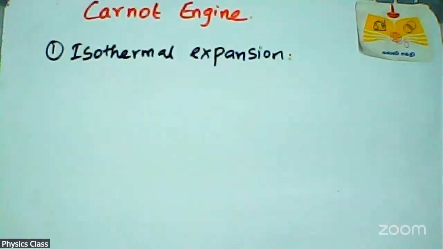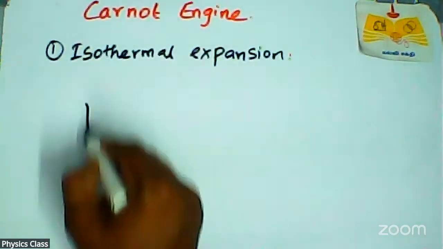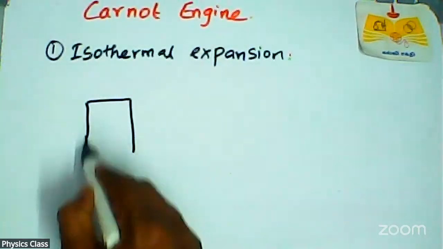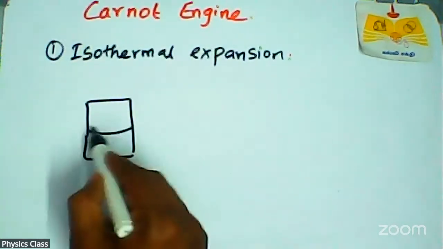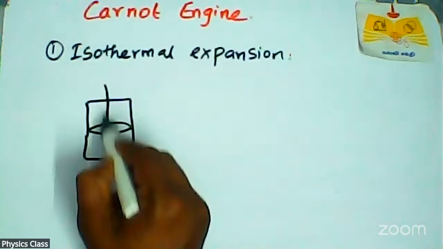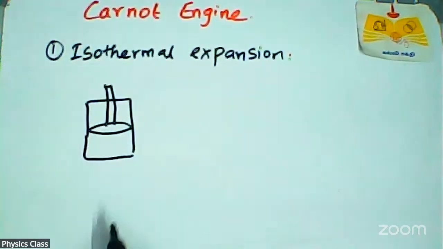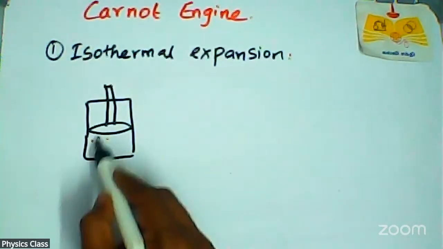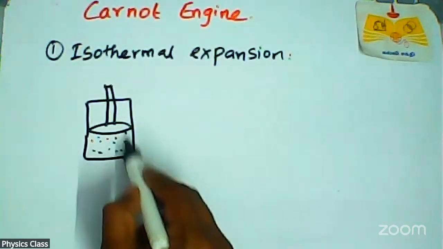So, isothermal expansion. Imagine a cylinder. This is a piston. There's air molecules inside this.